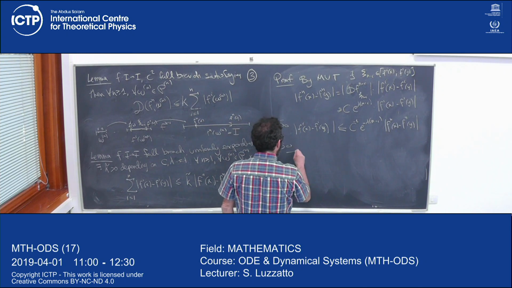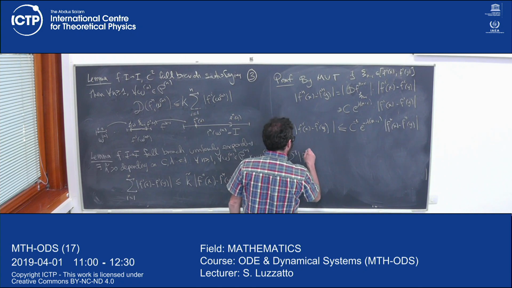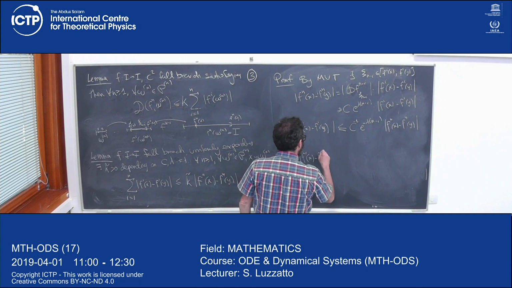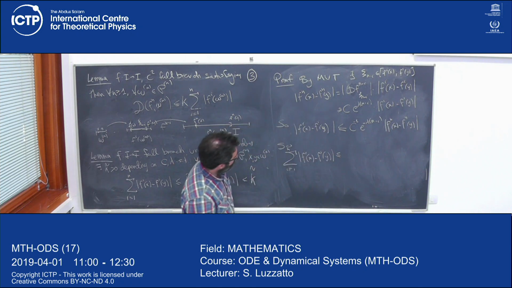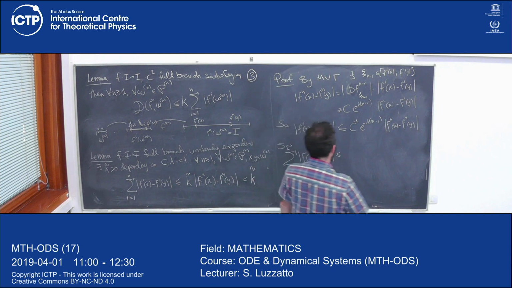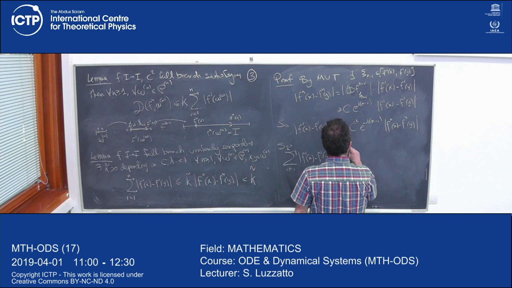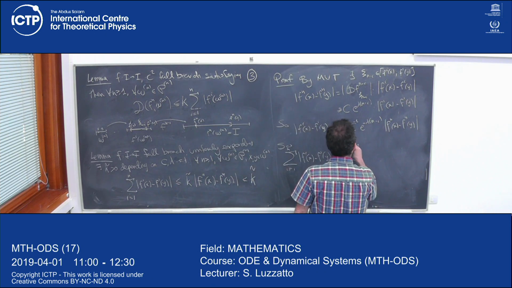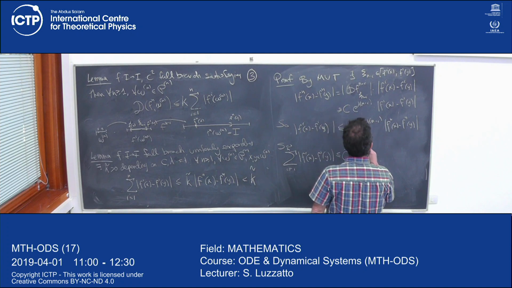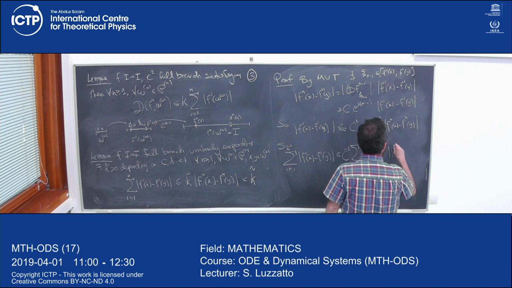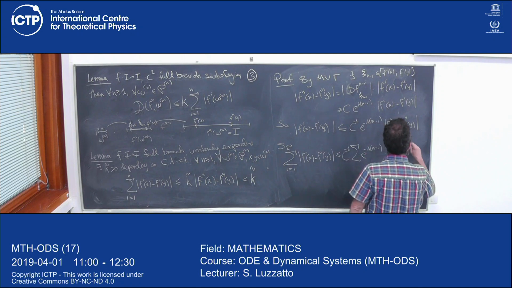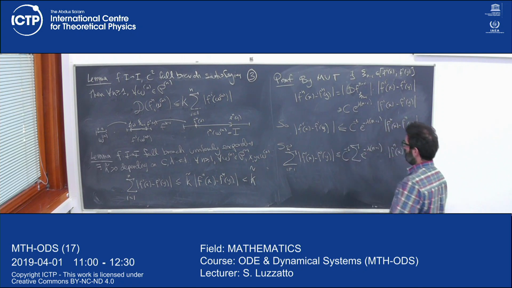So we take the sum, i equals 1 to n of |f^i(x) - f^i(y)|, which is less than or equal to, so we just take the sum. This is just c^(-1) times the sum of e^(-λ(n-i)) times |f^n(x) - f^n(y)|.